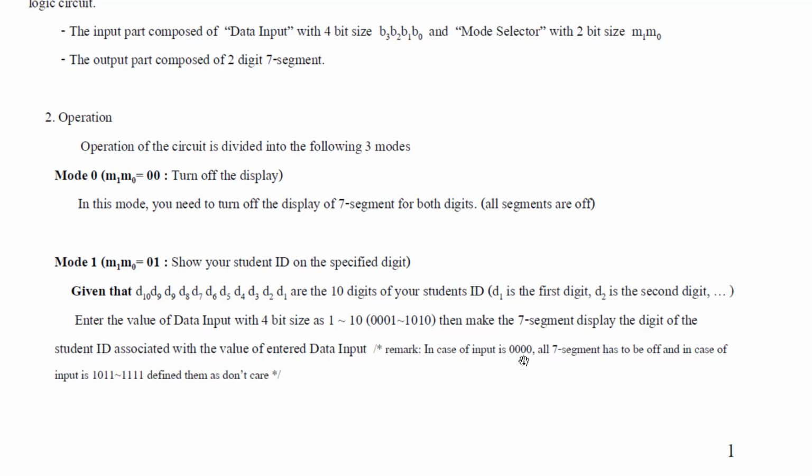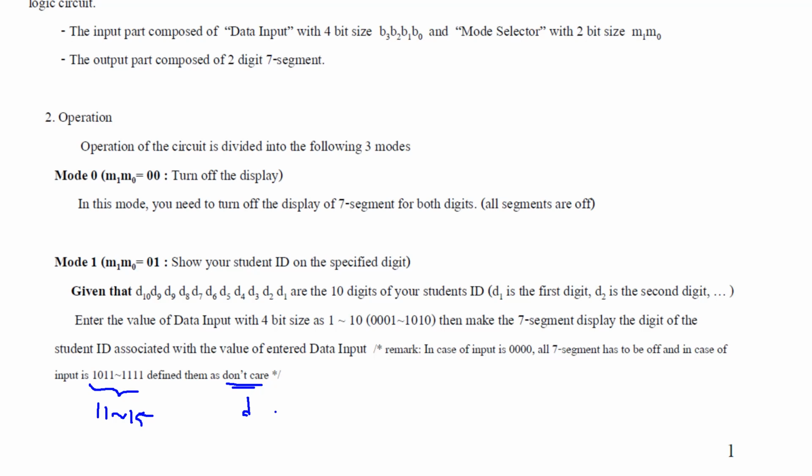And when the input is 0, turn off all segments. And for the inputs 1011 to 1111, or 11 to 15 in decimal, treat them as don't care for the design.